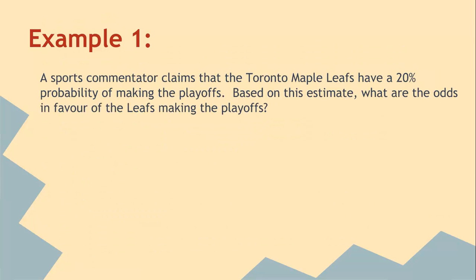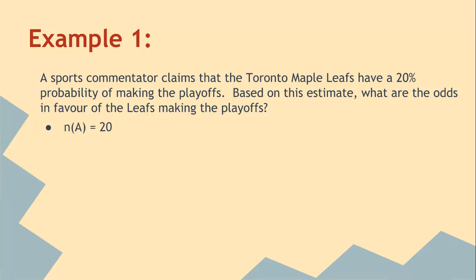An example: a sports commentator claims that the Toronto Maple Leafs have a 20% probability of making the playoffs. Based on this estimate, what are the odds in favor of the Leafs making the playoffs? Out of how many trials, how many would they win and how many would they lose?